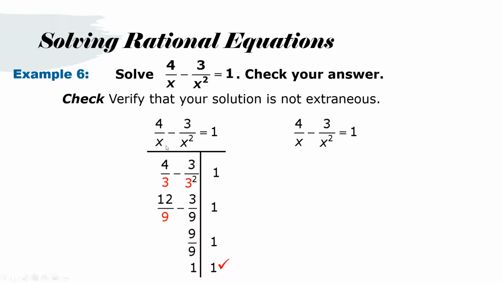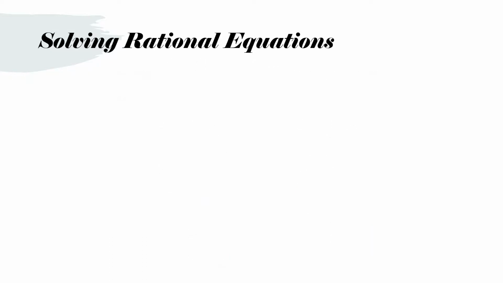If we substitute 3 in the equation, the answer is correct. On the other side, the answer is correct. They are equal. Therefore, the values of x are 3 and 1.